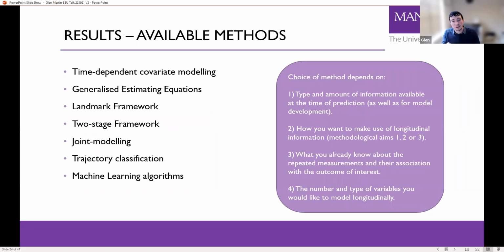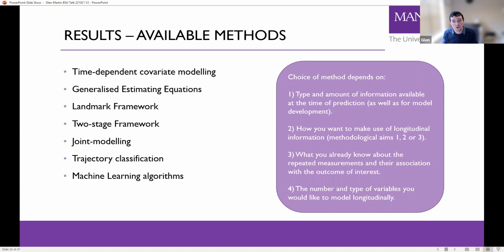So the first was the volume and the type of longitudinal information. The second links with my previous slide, so how and why you want to make use of the longitudinal information. Third, what you already know about the repeated measures and their association with the outcome of interest.